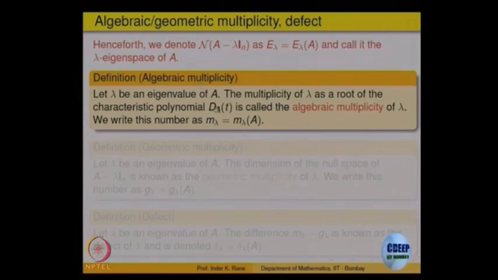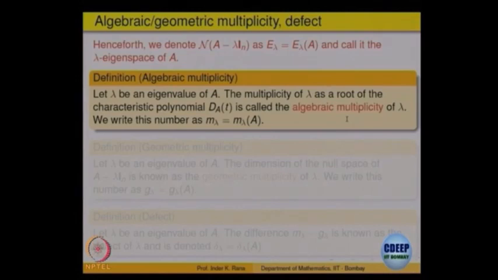If lambda is an eigenvalue, that means it is a root of the characteristic polynomial, and the root may be repeated. The number of times it is repeated is called the algebraic multiplicity of that eigenvalue. As a root of the characteristic polynomial, it appears at least once because it is a root.